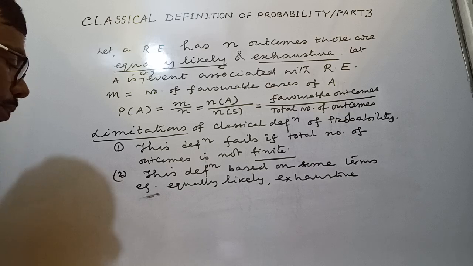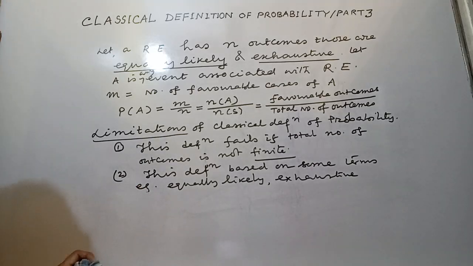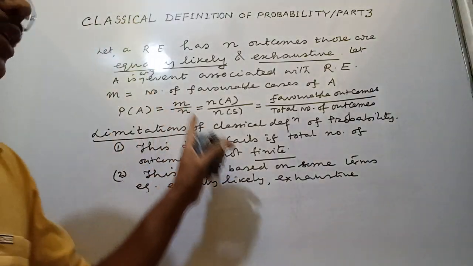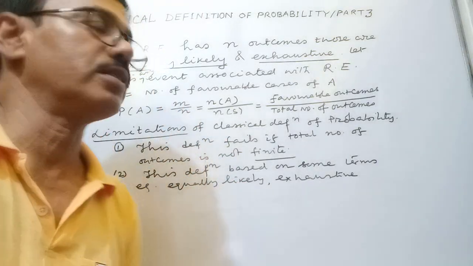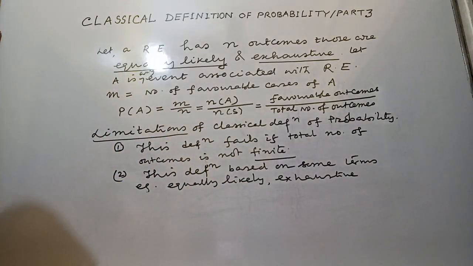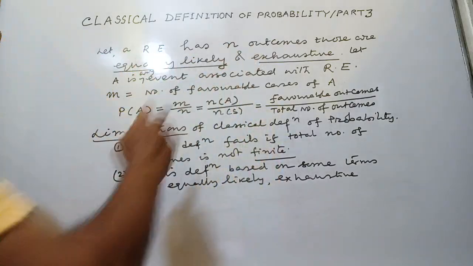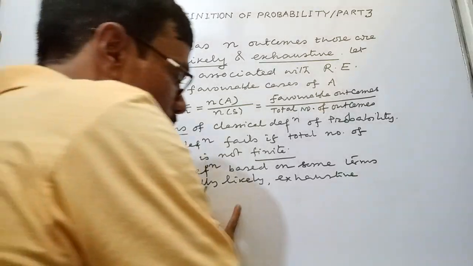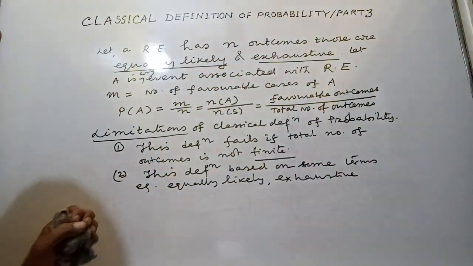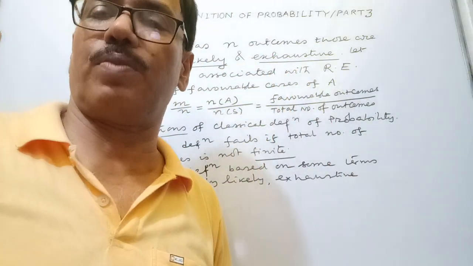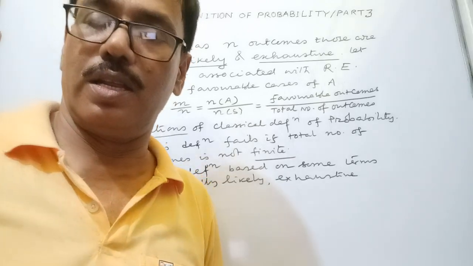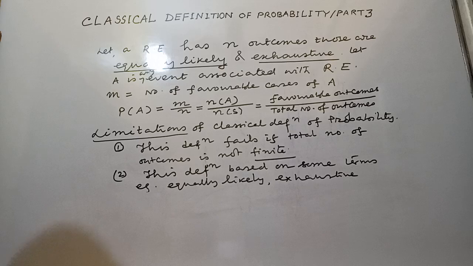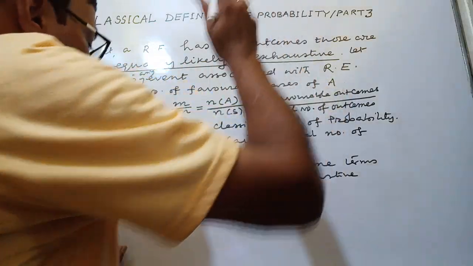Unless these conditions are satisfied, the classical definition does not help, so it has only limited applications. For example, tossing of a coin, throwing of a die, drawing a card from a pack of 52: those are equally likely and exhaustive.